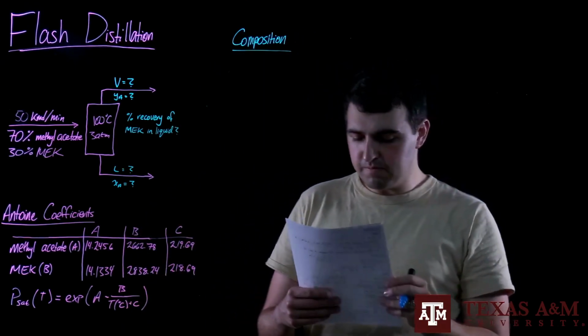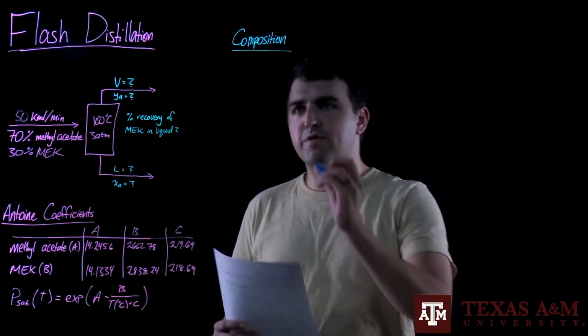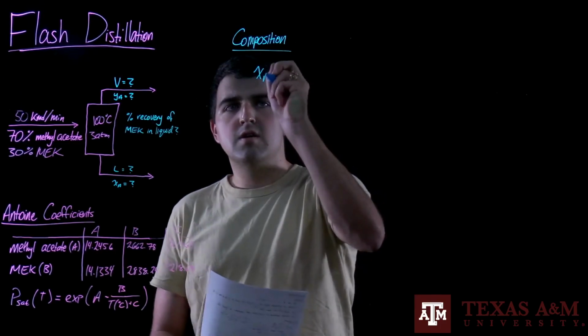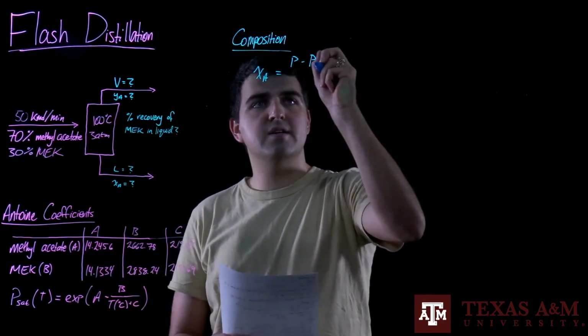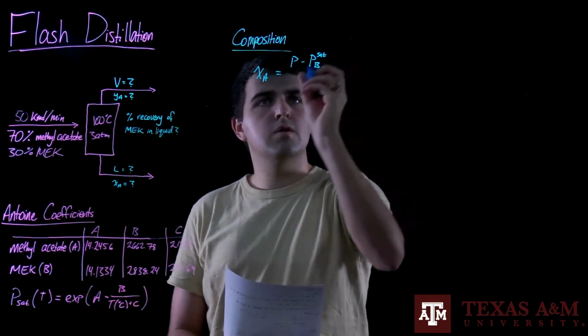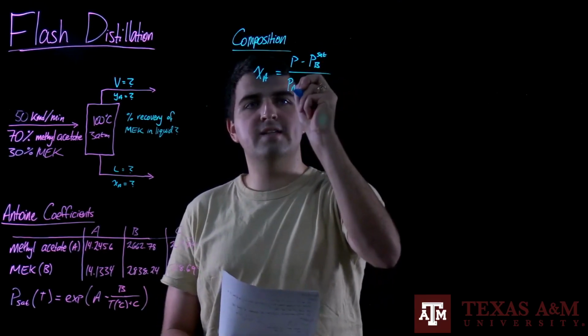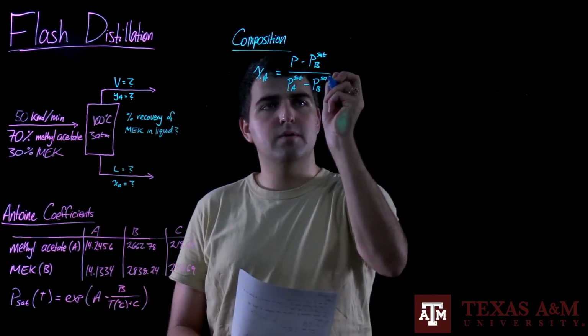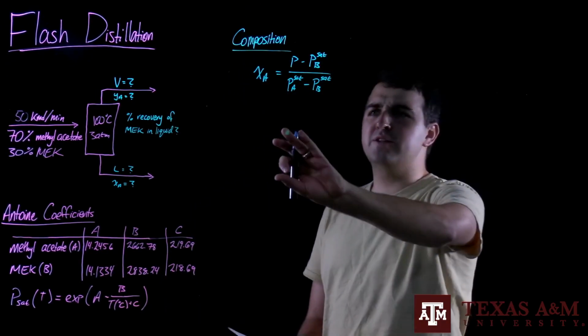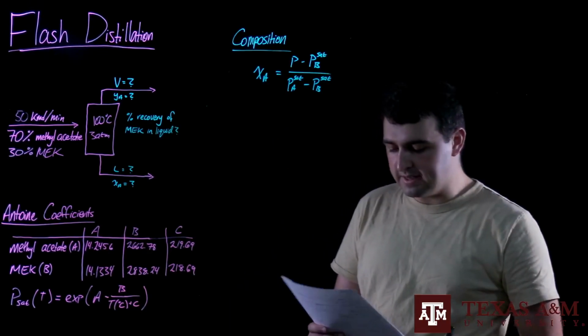For the composition, we look back at our formula sheet, and we find XA equals P minus PB sat over PA sat minus PB sat. This should look familiar to you from your Thermo 2 class.